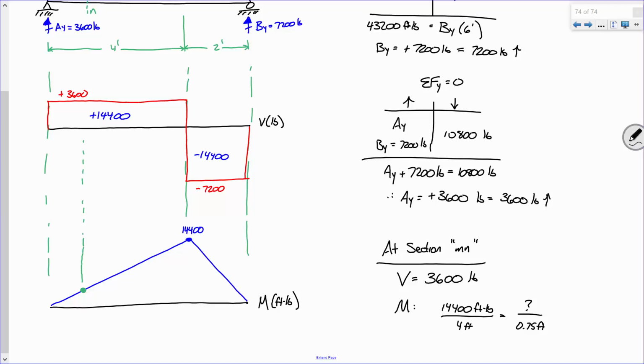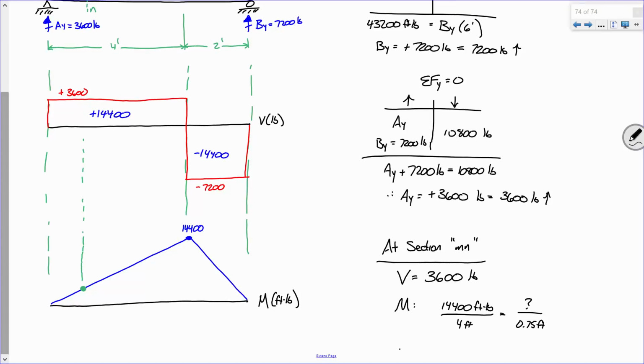However you want to do it, doesn't matter. You end up getting a moment of 2,700 foot-pounds. Does that make sense? Now, that's foot-pounds. Pop quiz, how do I convert that to inch-pounds? Multiply by 12, not divide by 12.